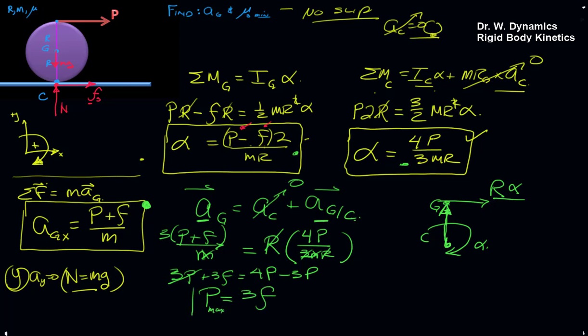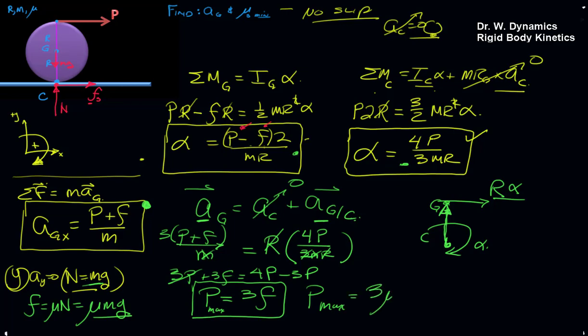That's our max. And we know that friction in this case is mu N, which will be mu mg. So P max will be 3 mu mg. So mu minimum, to keep it from slipping, will be P over 3mg.